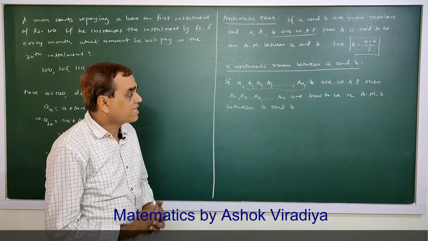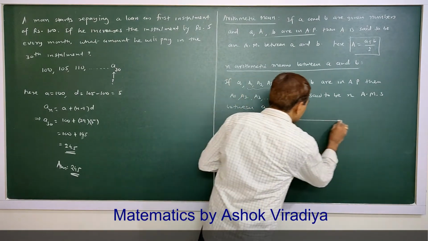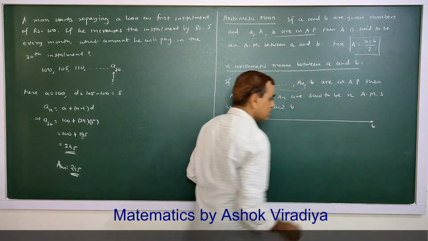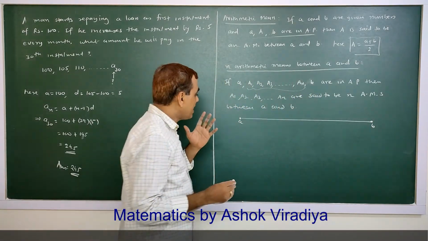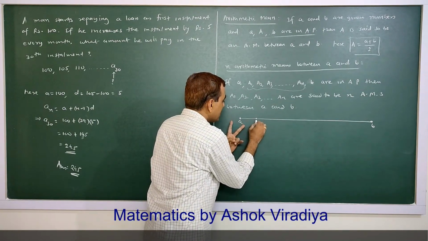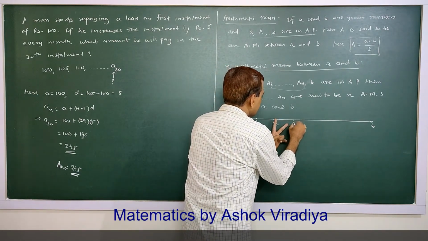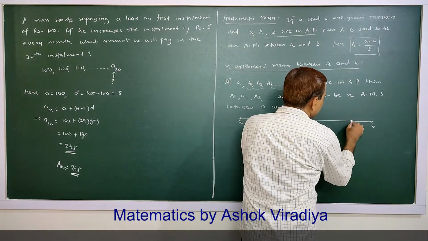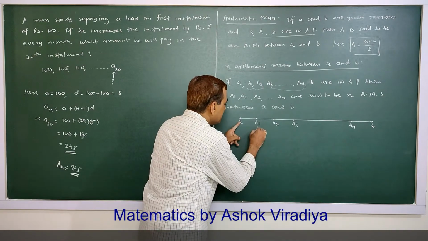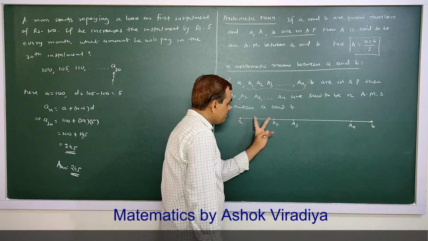Now how to find these n arithmetic means? Say this is A, this is B. Arithmetic means are at equal distance. So suppose this is A1, this is A2, this is A3, like this will be AN. This difference is D, this is A plus D, then D plus D, 2D.